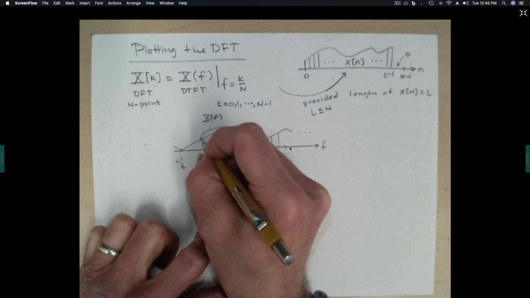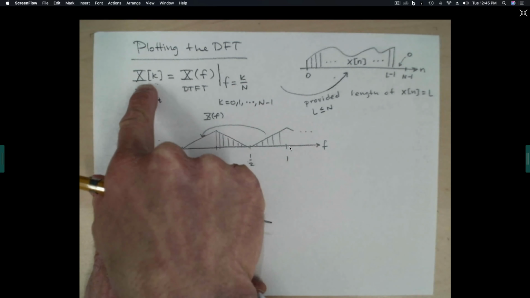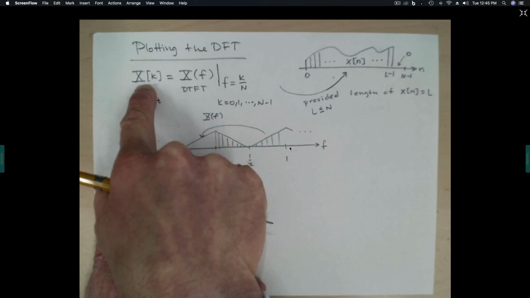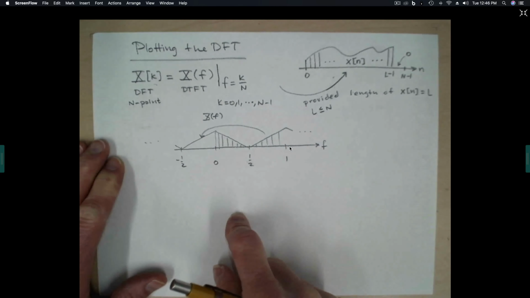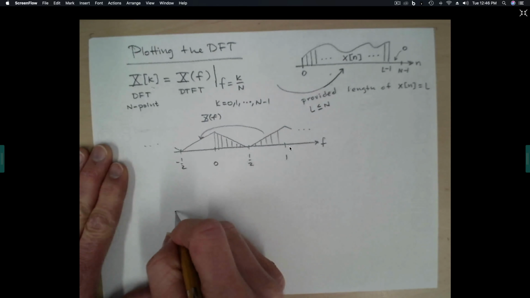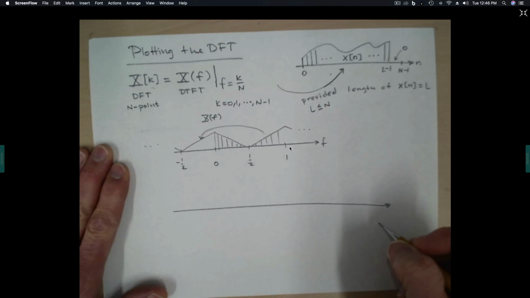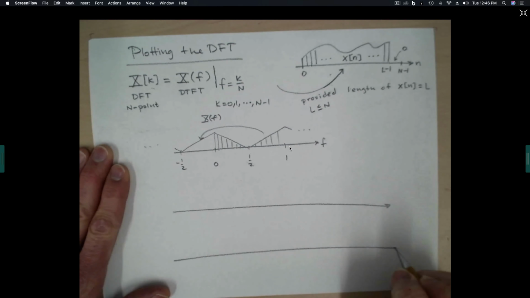And so what we need to do is figure out how to do the proper indexing of both the vector of DFT samples that are returned and also how to construct a properly scaled frequency vector. So to study this problem, let's take a look at two axes.